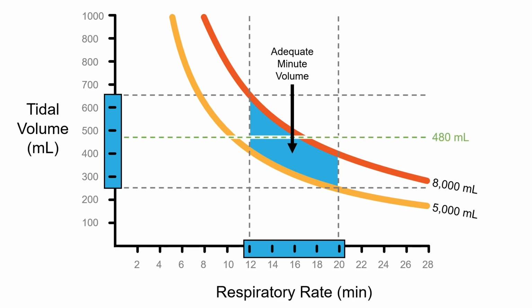And just as an aside, lung protective ventilation refers to using appropriate tidal volumes and respiratory rates in conjunction with positive end-expiratory pressure devices to reduce ventilator-associated lung injury. And we can calculate the desired tidal volume by multiplying the ideal body weight of the patient by 6 milliliters.